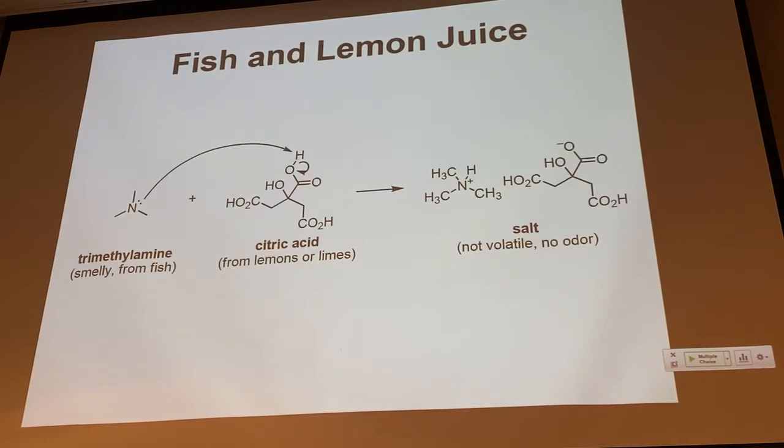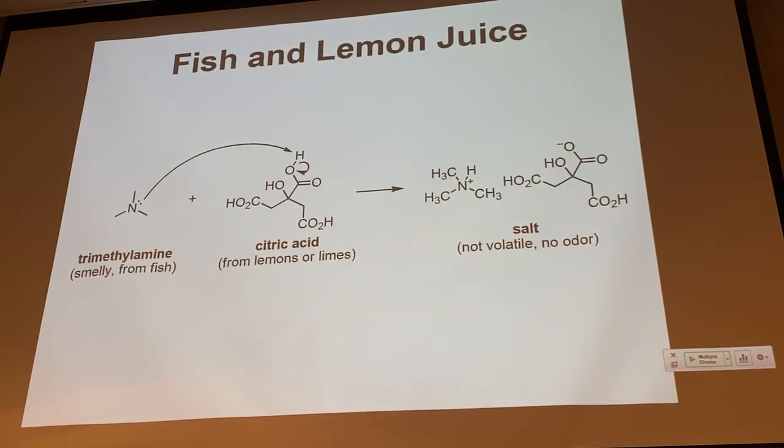Right? We don't make an amide, we have an acid-base reaction. And so what happens is the citric acid in the lemon or lime juice protonates the trimethylamine. This is a very low boiling point, low molecular weight, tertiary amine, with no hydrogen bonding. That's why it stinks so bad, because it's volatile and it vaporizes very easily, and we can detect it.